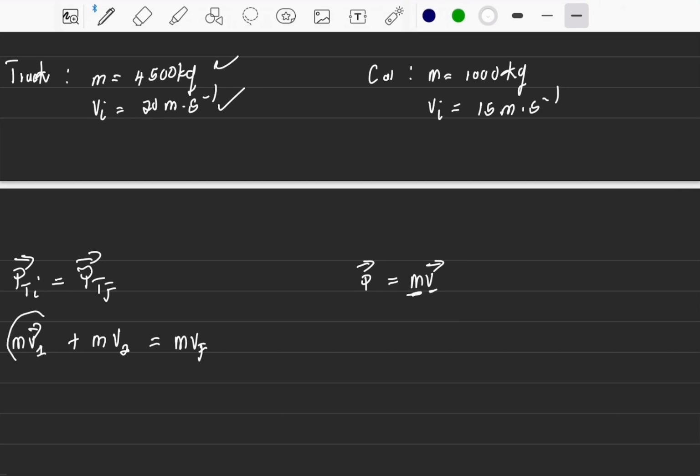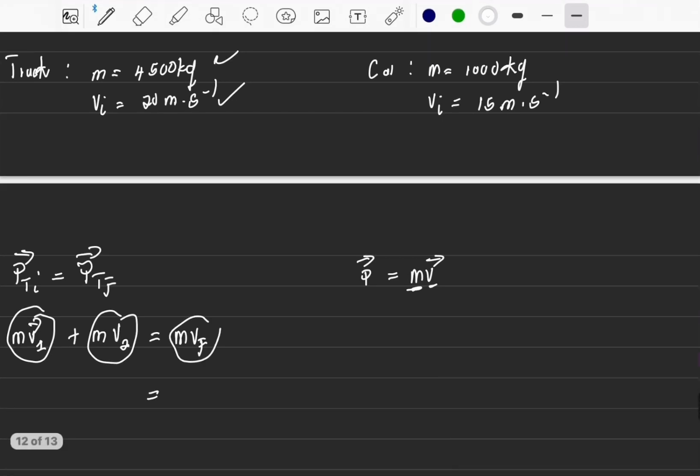So this is going to be the momentum for the car, and this is going to be the momentum for the truck, or vice versa, however you want it. And then this one is going to be the total momentum of the system after the collision.